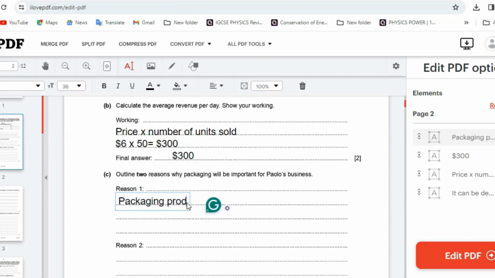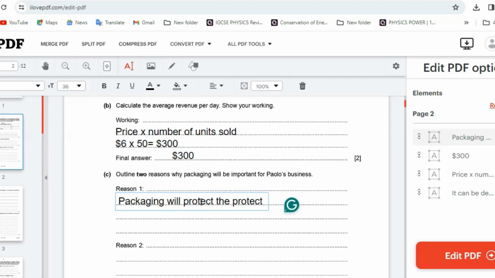Packaging will protect the products and keep the goods safe.